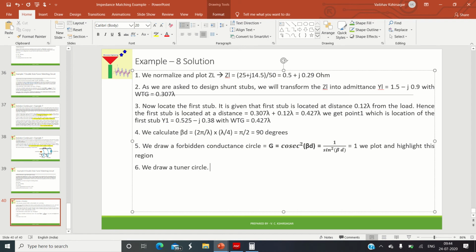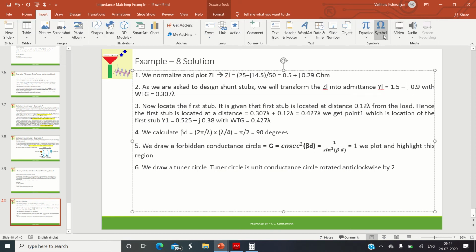So what is a tuner circle? The tuner circle is the unit conductance circle itself, rotated anti-clockwise by 2 beta d amount, 2 into beta into d. I will insert the equation.